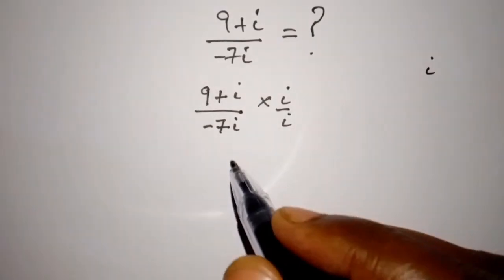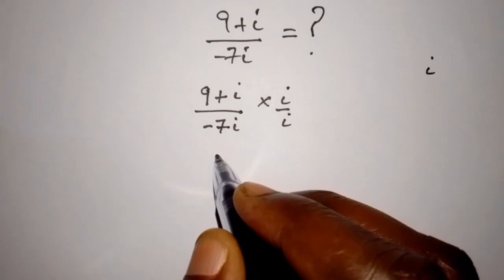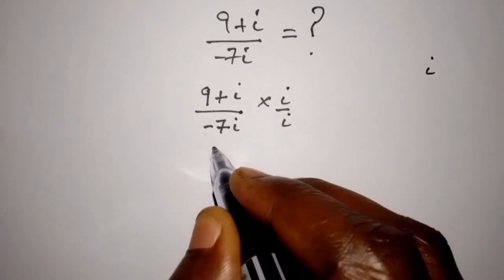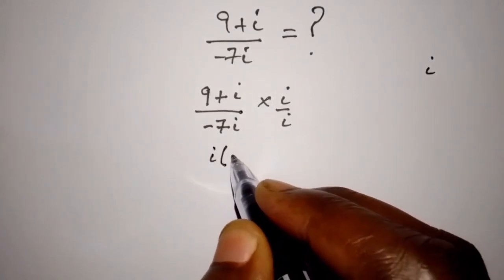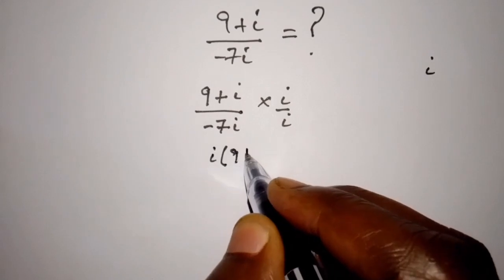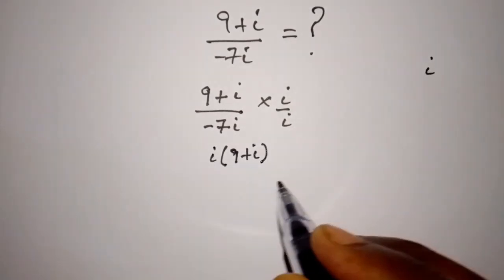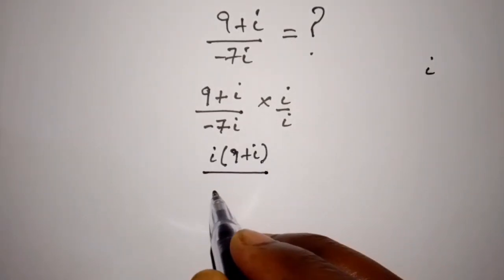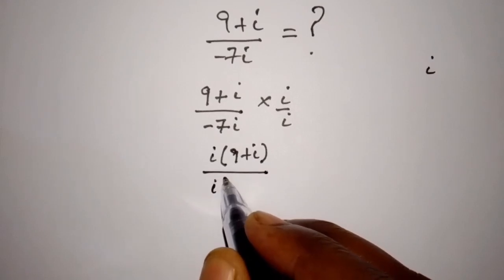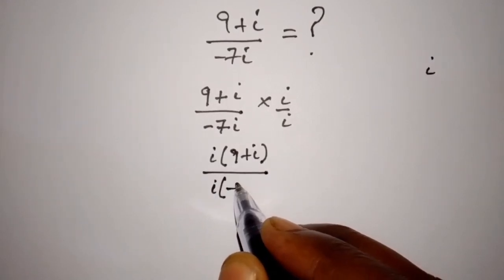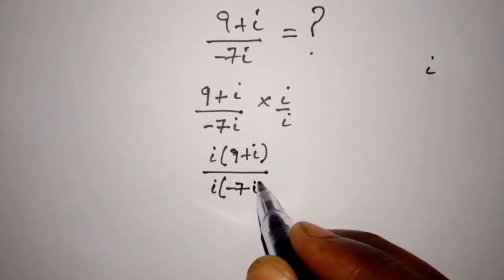And this is giving us i times (9 + i) over i times (-7i).